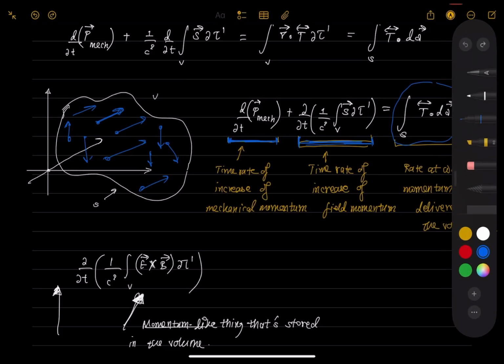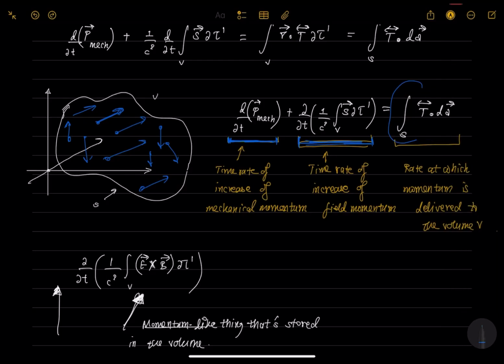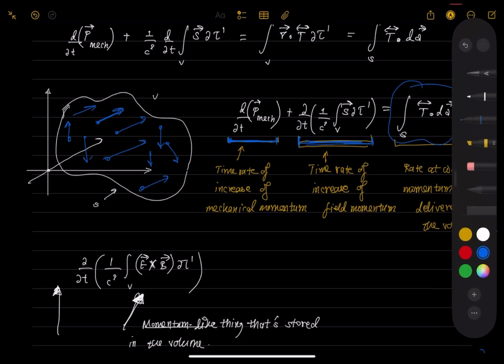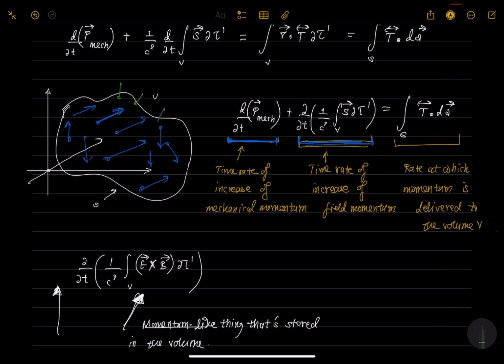It also makes sense because this is a certain surface integral. You're integrating a certain tensor through the surface. When you're integrating over the surface, it's like you're seeing something that's coming inside. Only the surface terms matter for the Maxwell stress tensor.